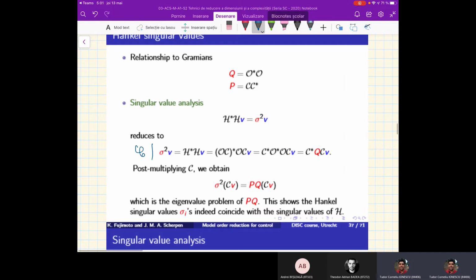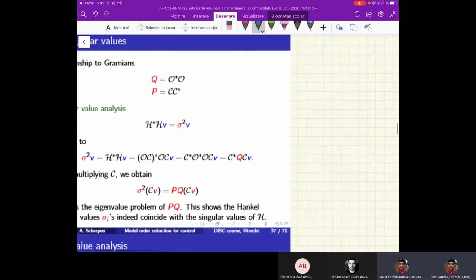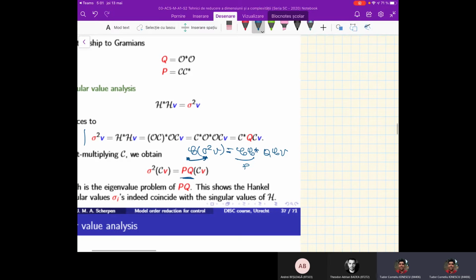So you get C sigma squared V equals C C star Q C V. But this is P. You get P Q. And sigma squared commutes with C. Why? Because C is a linear operator, by the way, and sigma is a scalar, so it goes out.